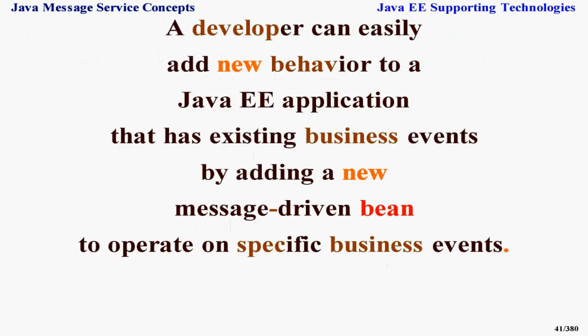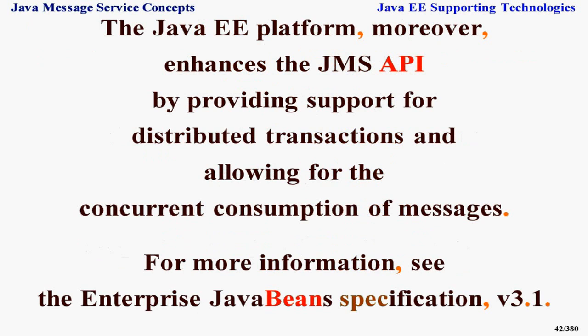A developer can easily add new behavior to a Java EE application that has existing business events by adding a new message-driven bean to operate on specific business events. The Java EE platform, moreover, enhances the JMS API by providing support for distributed transactions and allowing for the concurrent consumption of messages. For more information, see the Enterprise JavaBeans specification, v3.1.